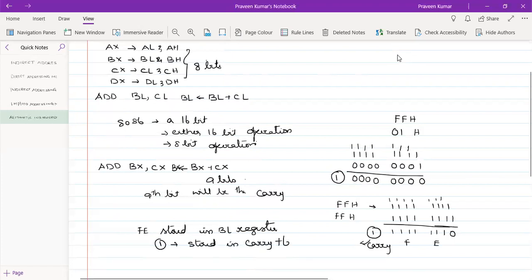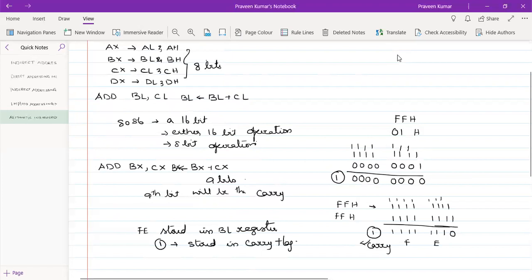So if I am adding two numbers, the first thing we have to remember is that there may be a 9th bit occurring, that may be a carry flag.